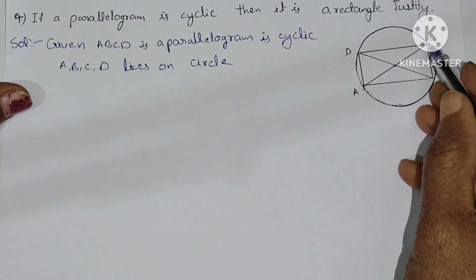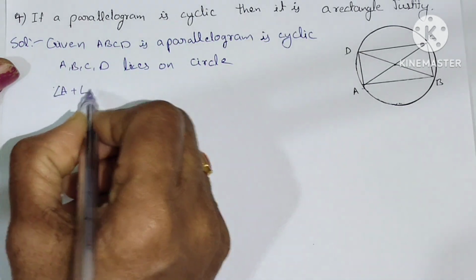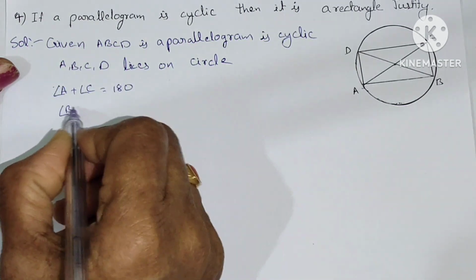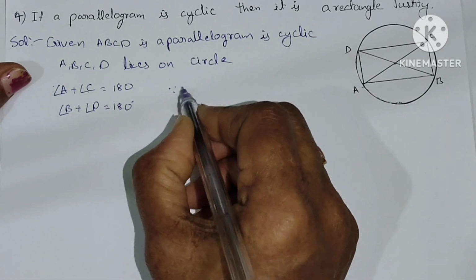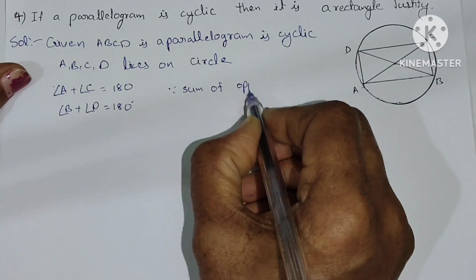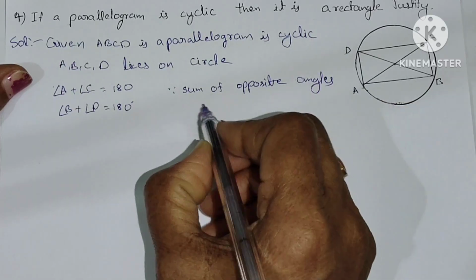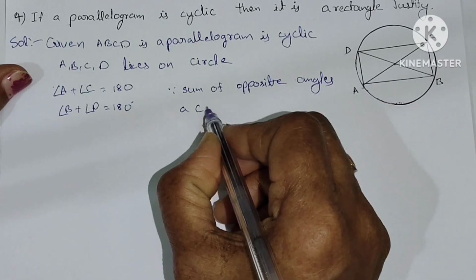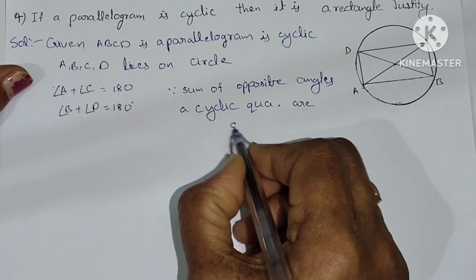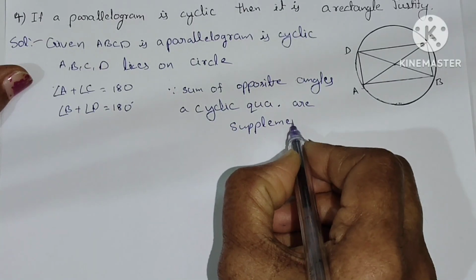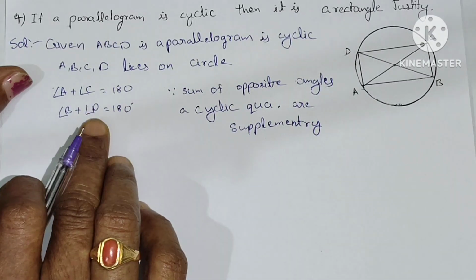The opposite angles are A and C, B and D. So angle A plus angle C equals 180, and angle B plus angle D equals 180. The sum of opposite angles of a cyclic quadrilateral is supplementary.